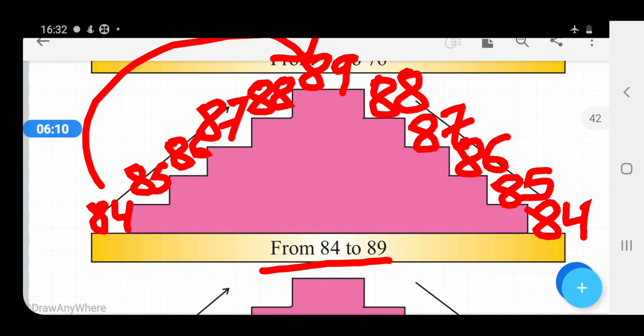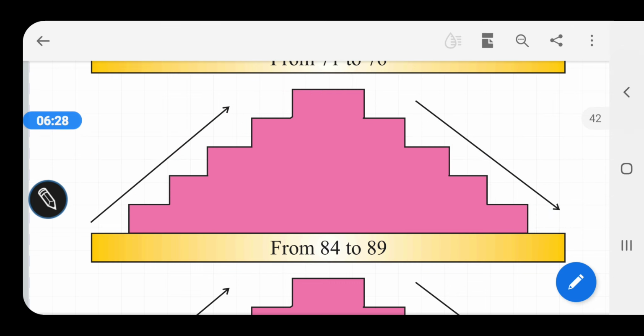Okay, and it is the descending order of the numbers because here we have arranged the numbers from greater to smaller. Okay, good. And now move to the last sum.